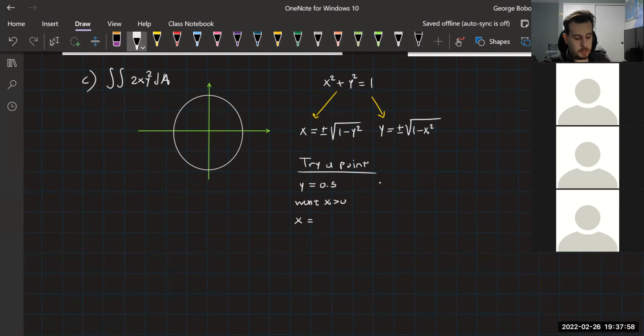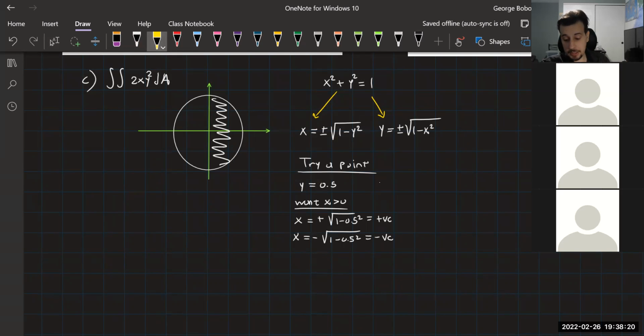If you pick the positive one, you get 1 minus 0.5 squared, and obviously you get a positive number. But if you try the negative branch, I know it seems silly that I'm doing this, but trust me, you get a negative number. So obviously you want x to be greater than 0 because you're doing this part of the circle, right? You're doing the x greater than 0. So it would have to be, by force, this one right now. And that's how I pick which branch is the correct one.